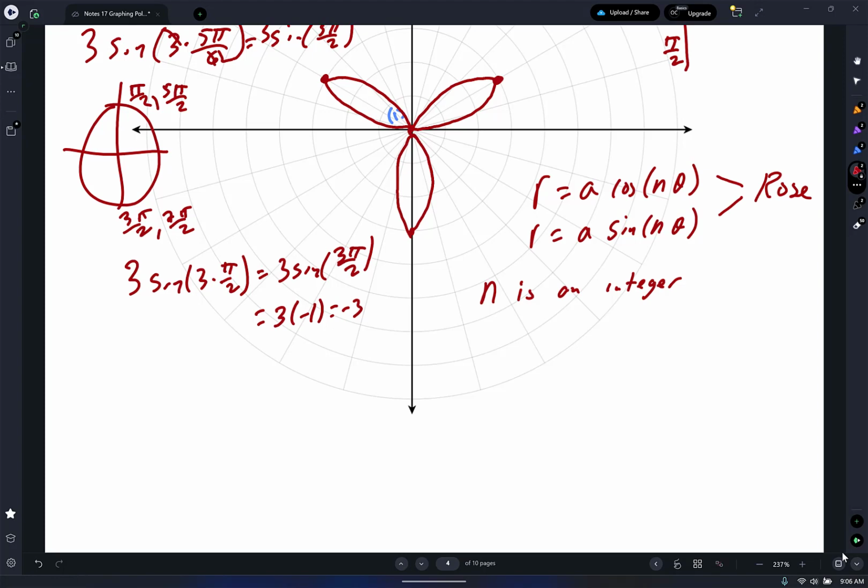If n is odd, you have n petals. If n is even, you have 2n petals. Cool or not cool?